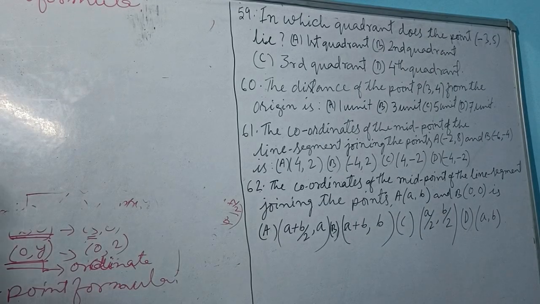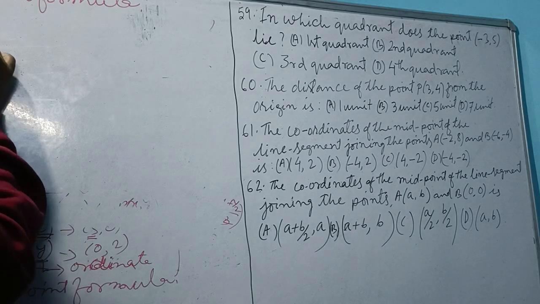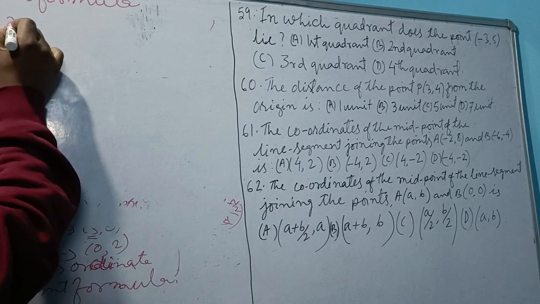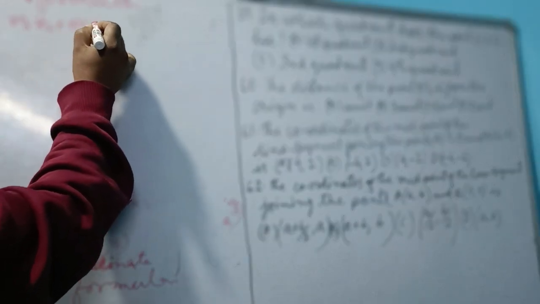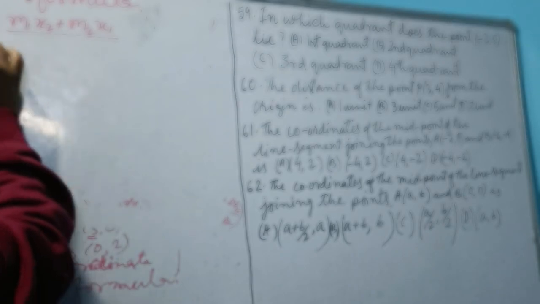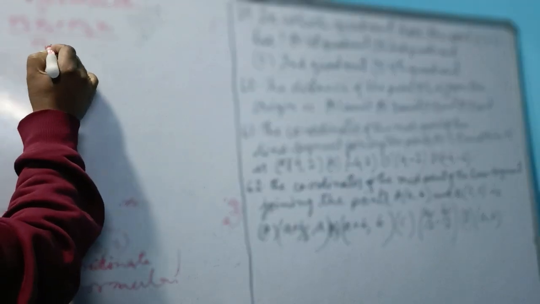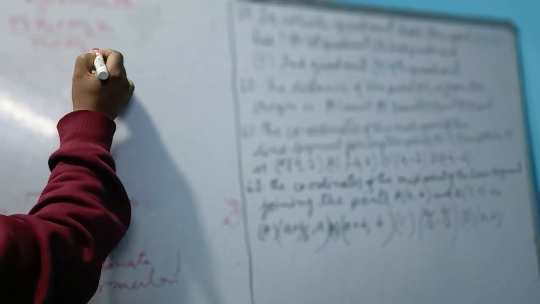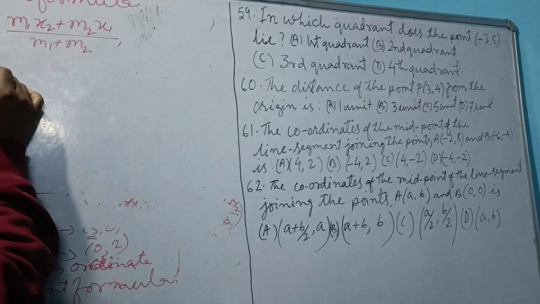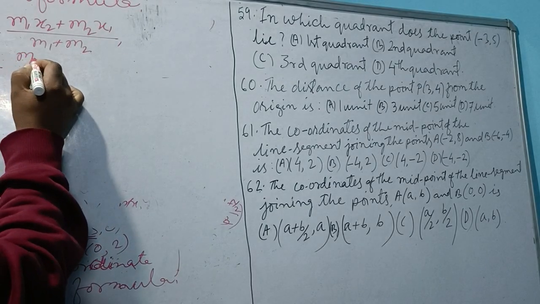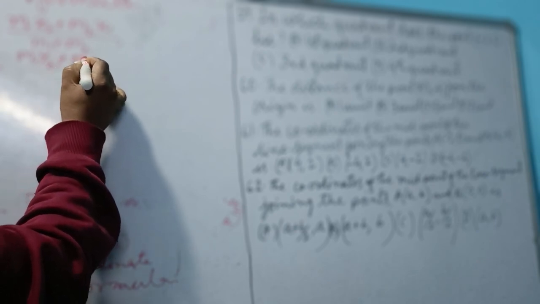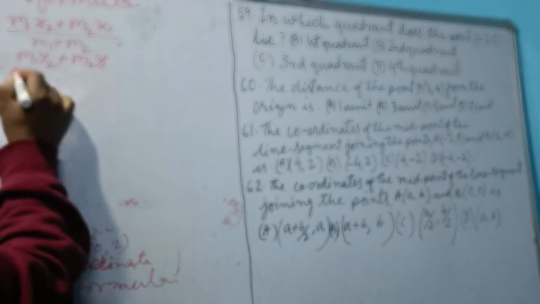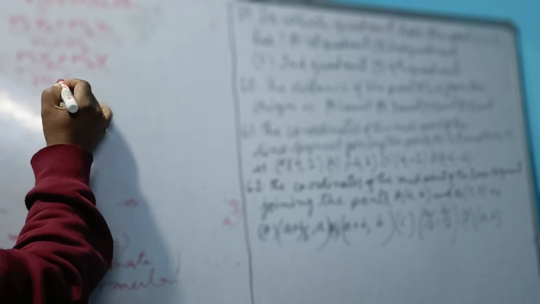So when a line is divided by a point internally, then we write x is equal to (m1 x2 plus m2 x1) divided by (m1 plus m2), clear. And the value of y we write (m1 y2 plus m2 y1) divided by (m1 plus m2).